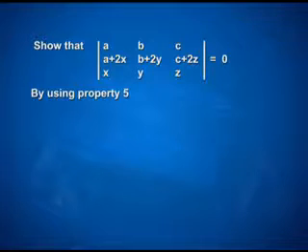Determinant a, b, c, a plus 2x, b plus 2y, c plus 2z, x, y, z as third row is equal to 0.